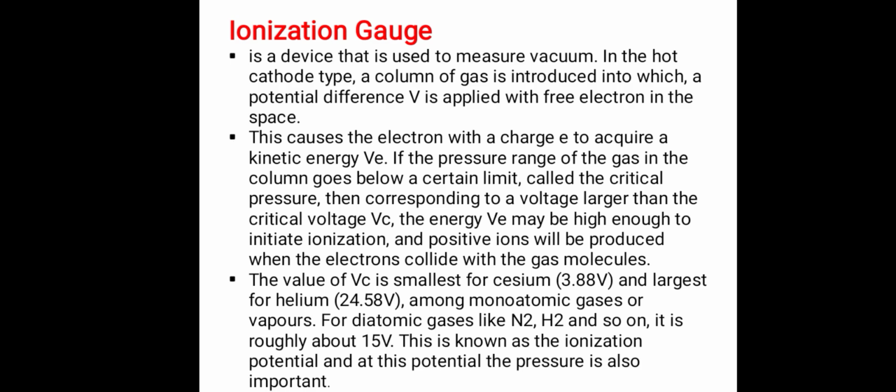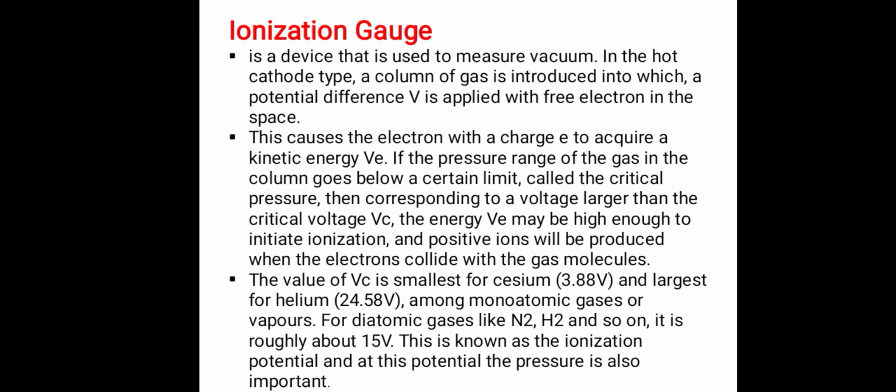See, an ionization gauge is a device that is used to measure vacuum. In the hot cathode type, a column of gas is introduced into which a potential difference V is applied with free electrons in the space. This causes the electron with a charge e to acquire a kinetic energy Ve.